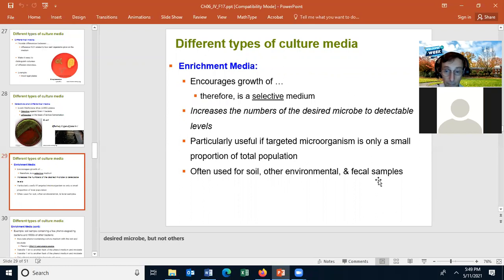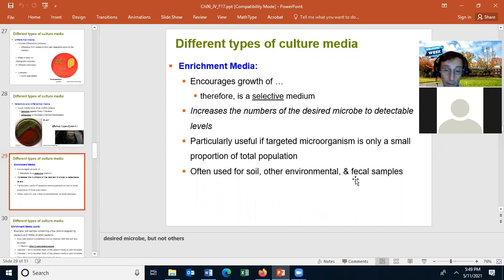There are many bacteria in the soil or in a fecal sample, and we're looking for a specific one. We may need to enrich it by putting it in an enrichment media before we can detect it.